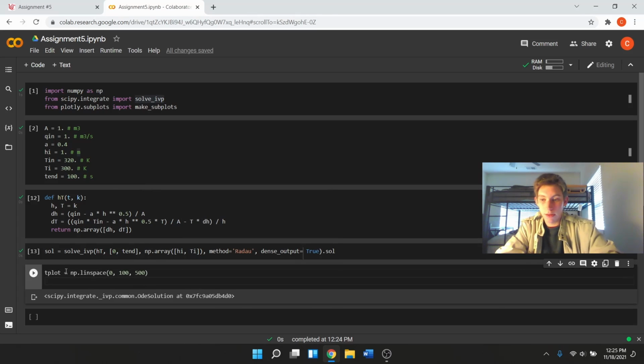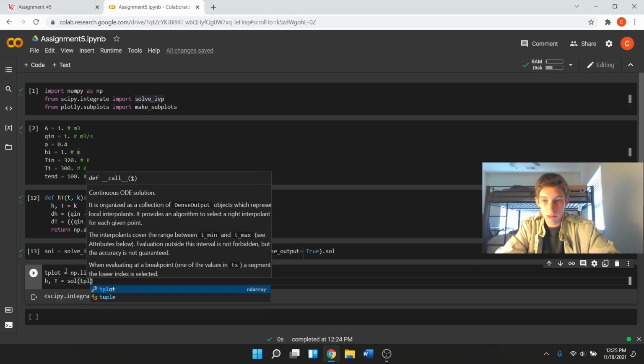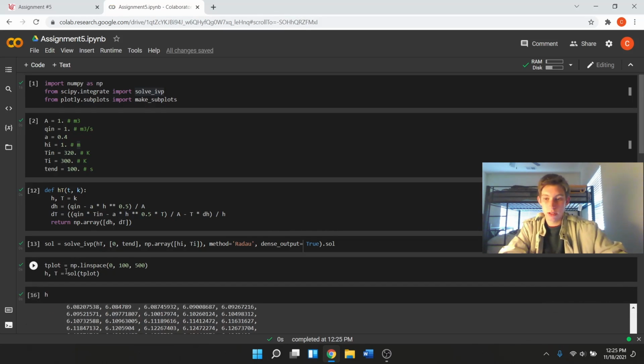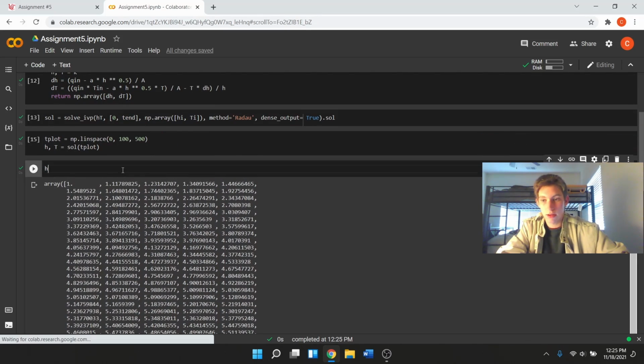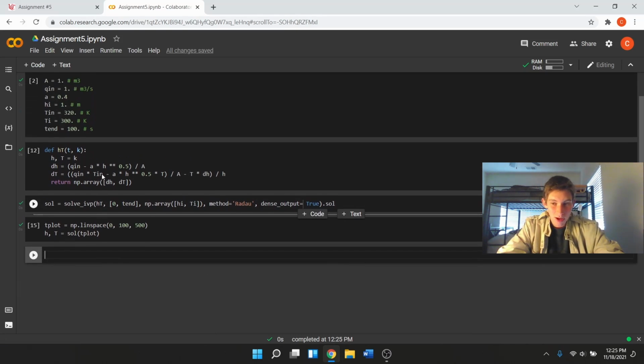And then we can unpack h and t to equal the solution at t for t plot. That will give us all of these points for height, and then I could do the same thing for the temperature. So now we are ready to plot.